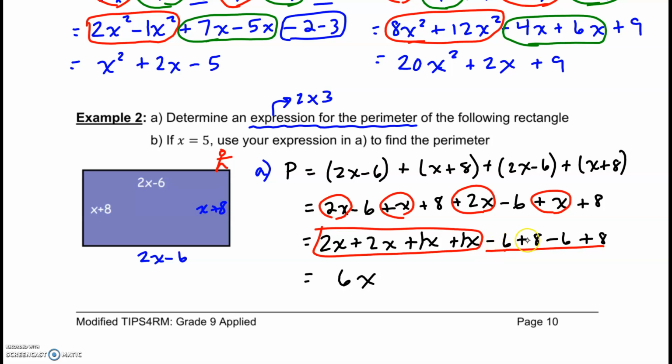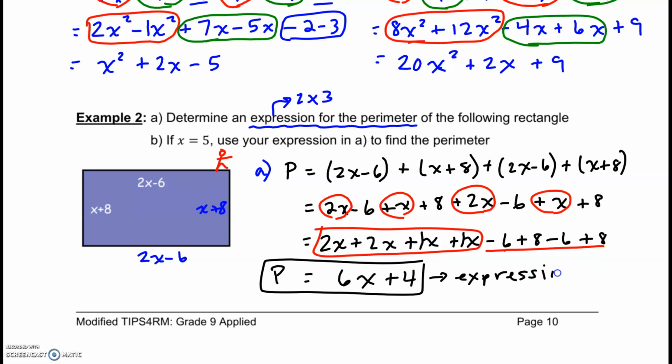All right, so negative 6 plus 8 is positive 2, minus 6 is negative 4, plus 8 is a positive 4. Okay, and that is your answer. This is the expression for perimeter. Now it looks like I almost ran out of room to do B, but I think I'll be able to squeeze it in.